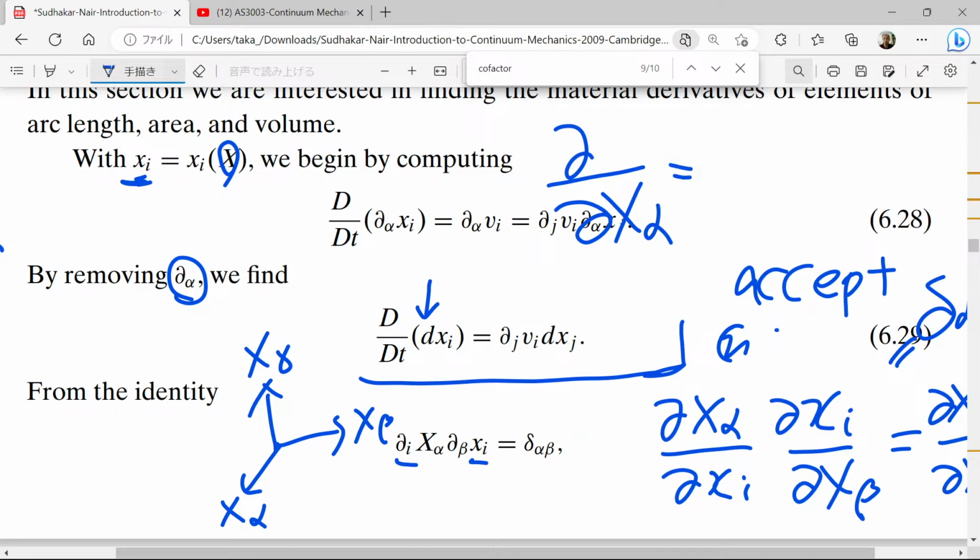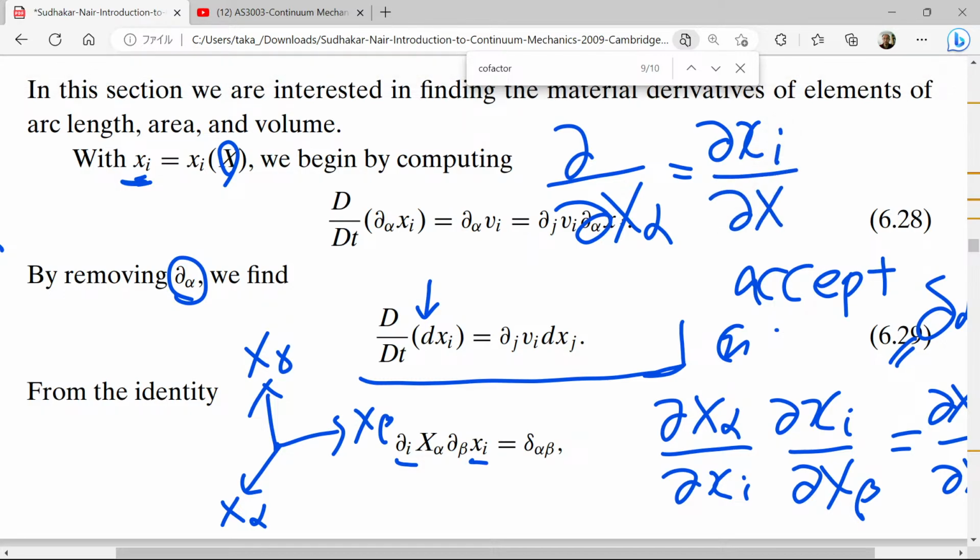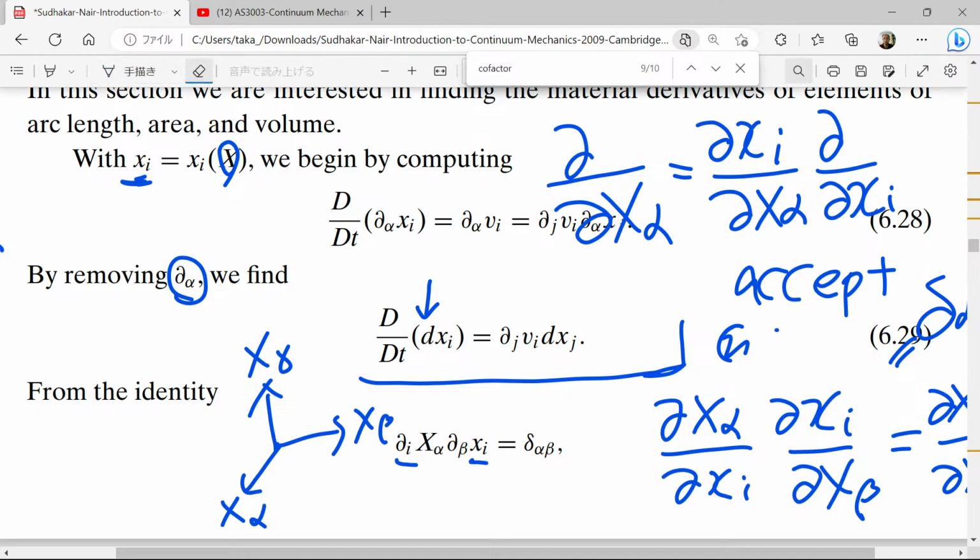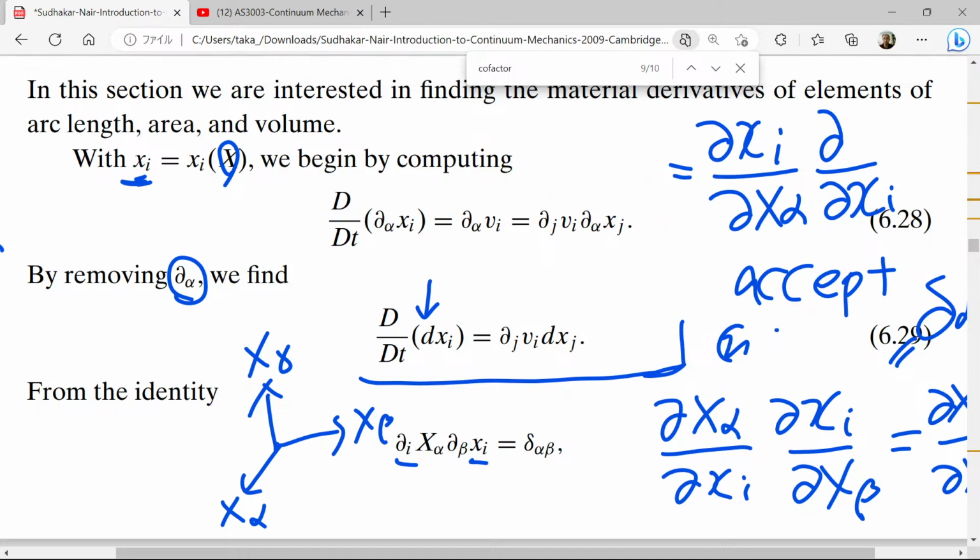This one we should change to partial xi, partial x alpha, partial xi. I'm sorry, I have to put it here.